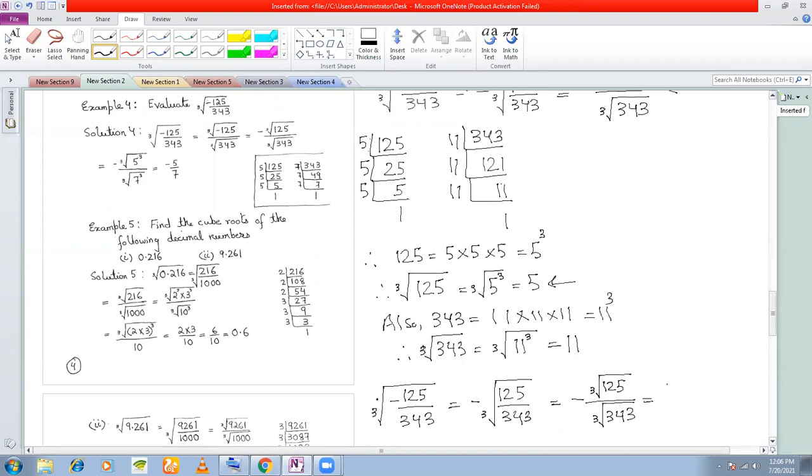What is the cube root of 125? It is 5. And what is the cube root of 343? We have found it as 11. So your answer is minus 5 by 11. Okay. Any question?